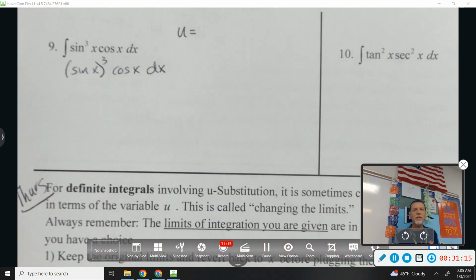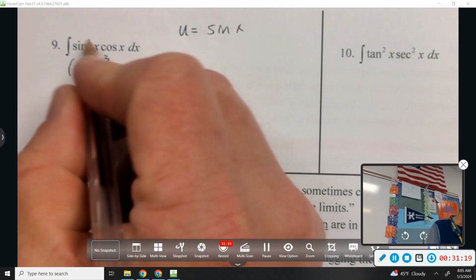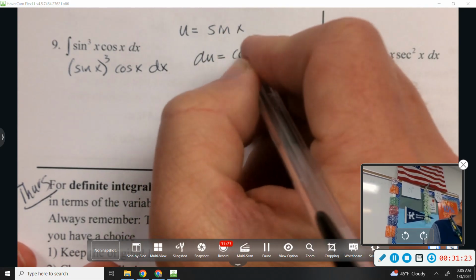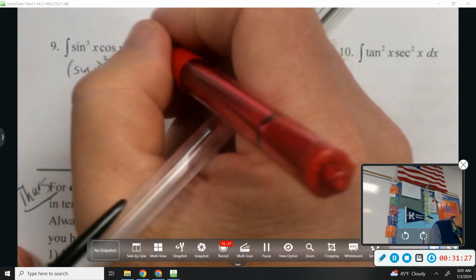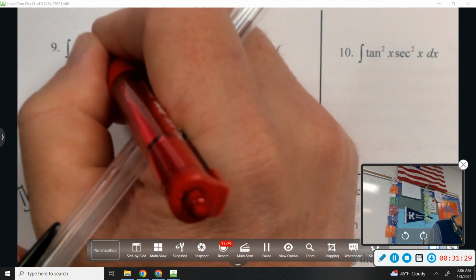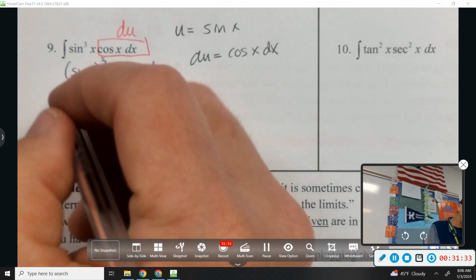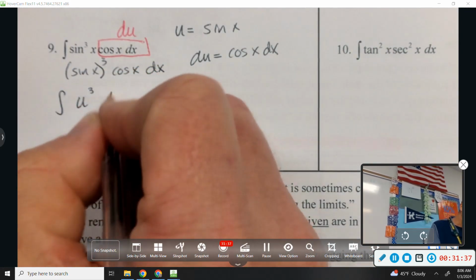Let's let u be sine of x. That will simplify this cubic thing. And derivative sine's cosine. So this cosine x dx stuff, that's du. And so I've got u cubed du.